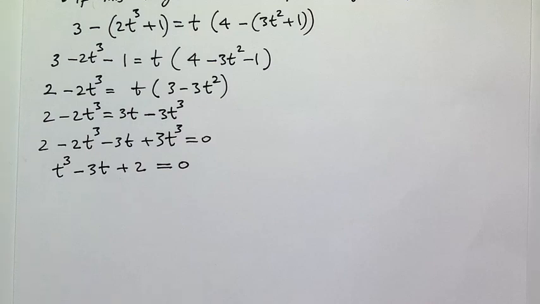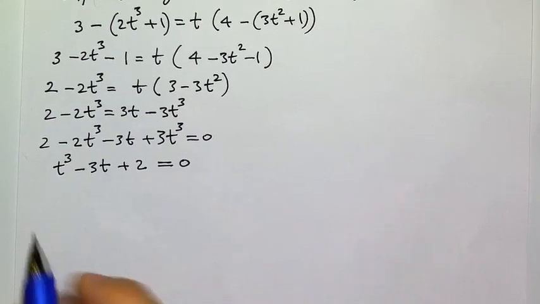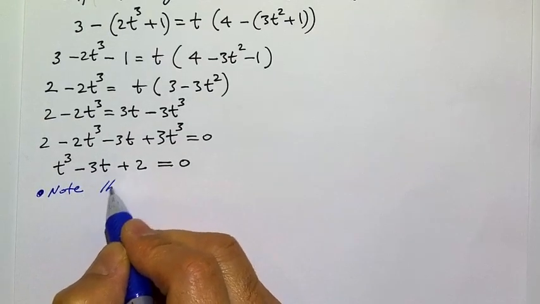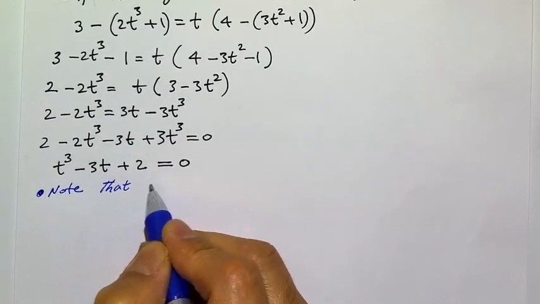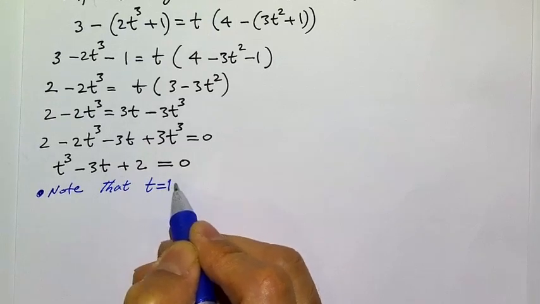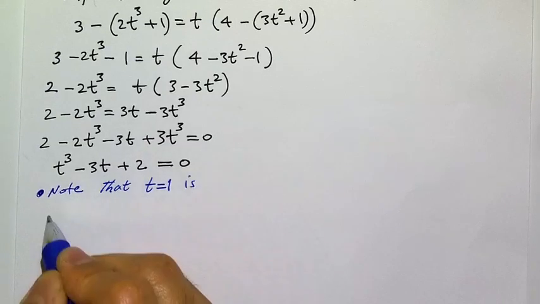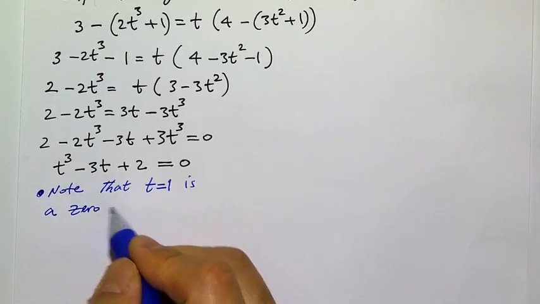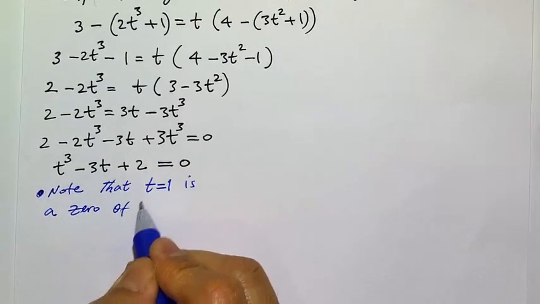So let me make a note of that here. Note that t equals 1 is a 0 of this polynomial.